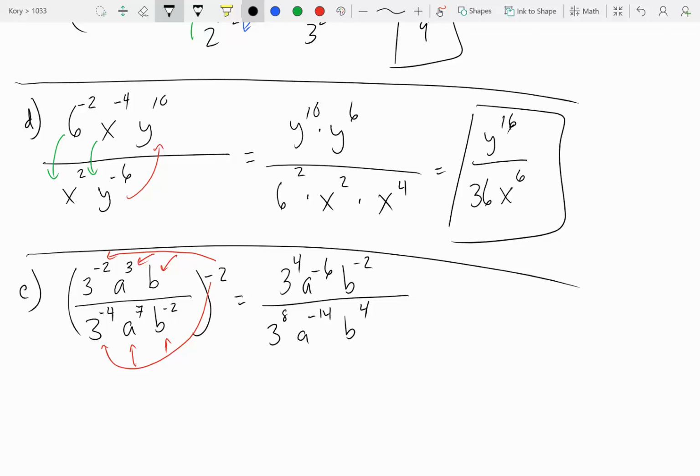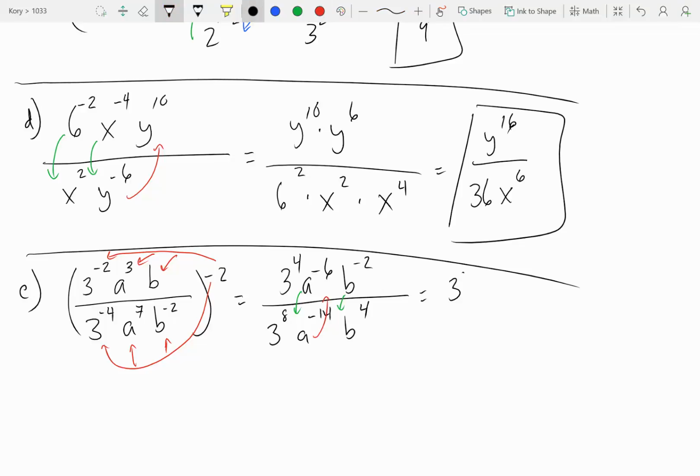Now we want to move things to the top and to the bottom and make sure that there is nothing left that's negative. So we have a to the -6 going down and b to the -2 going down, and we have a to the power of -14 going up.